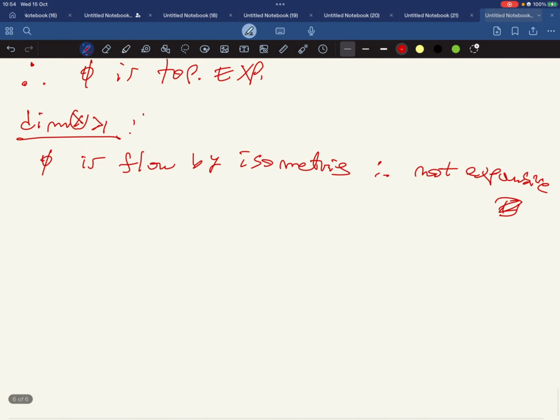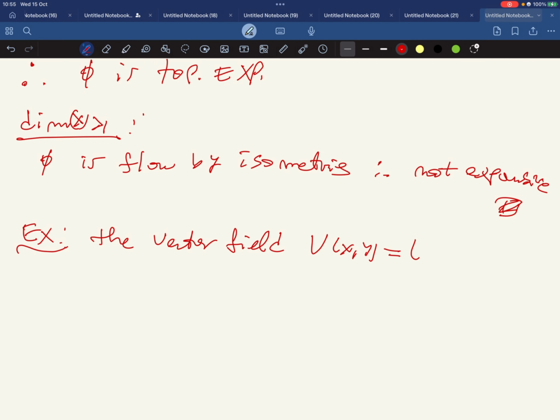Another example, which I will not prove here but which you can derive from this example, is that the vector field V of x, y equal to (1, y) of R2 is topologically expansive.